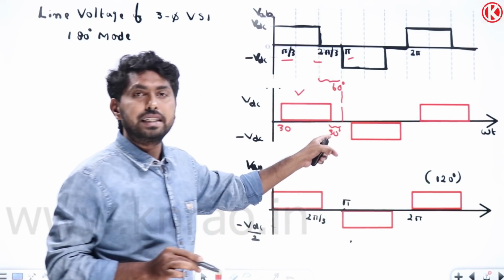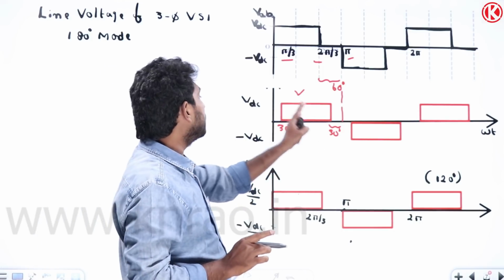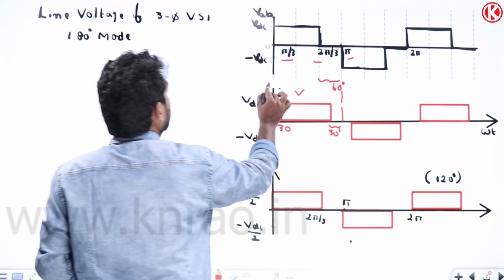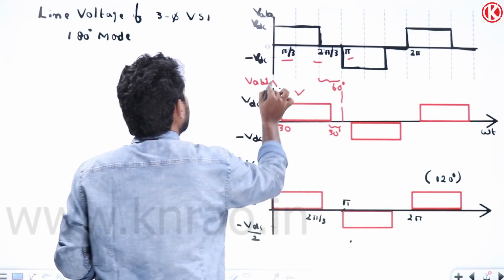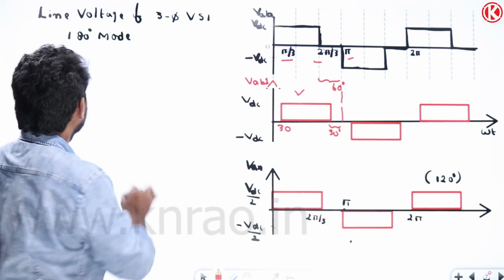We know the Fourier series expression for this waveform, right? Let me write the Fourier series expression for this waveform. Let it be VAB1.